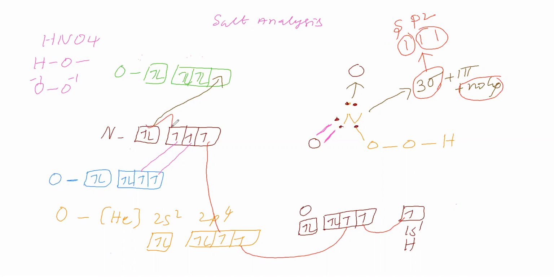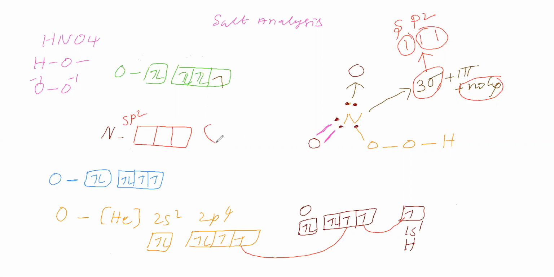So one s orbital and 2 p orbitals intermix to give 3 sp2 hybrid orbitals. This will be a pure p orbital. So for nitrogen, we will take hybrid orbitals.